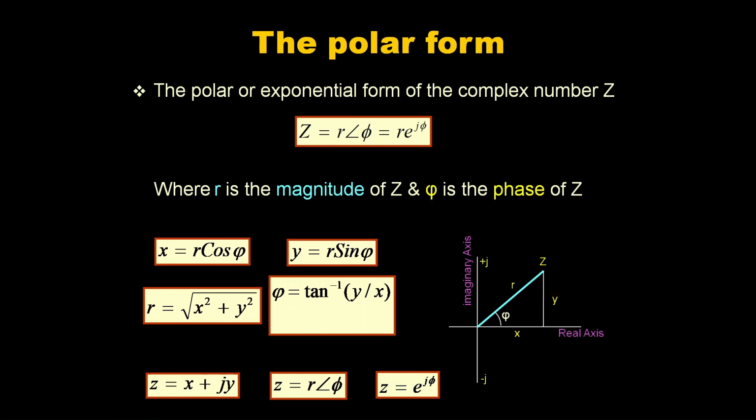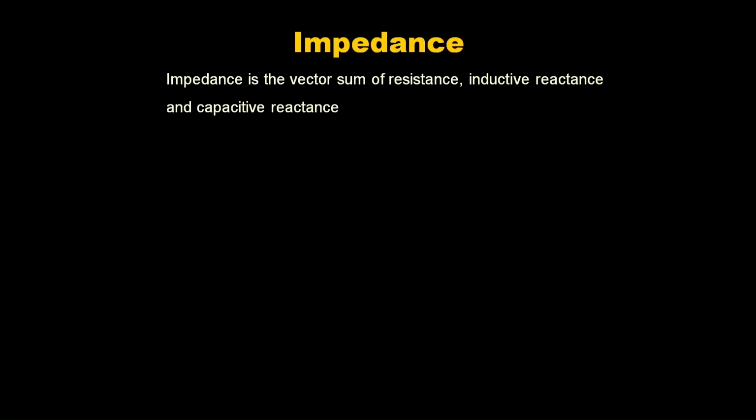All right, so now moving on to the next very important concept, that is impedance. Impedance is nothing but the vector sum of resistance, inductive reactance and capacitive reactance. I know what an inductor is, what capacitance is. What is inductive reactance? Inductive reactance is generally represented by the letter XL.